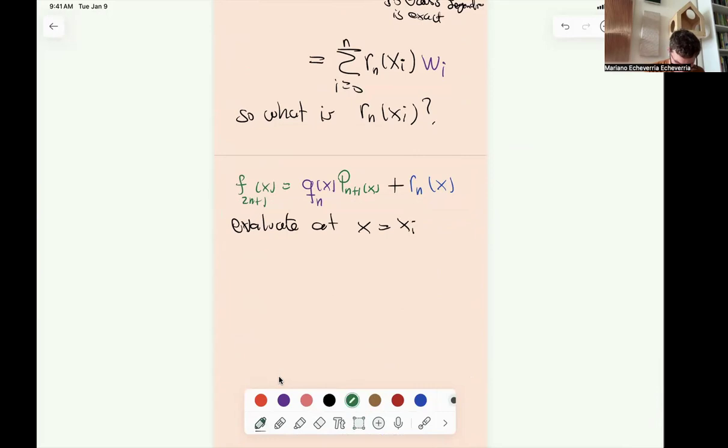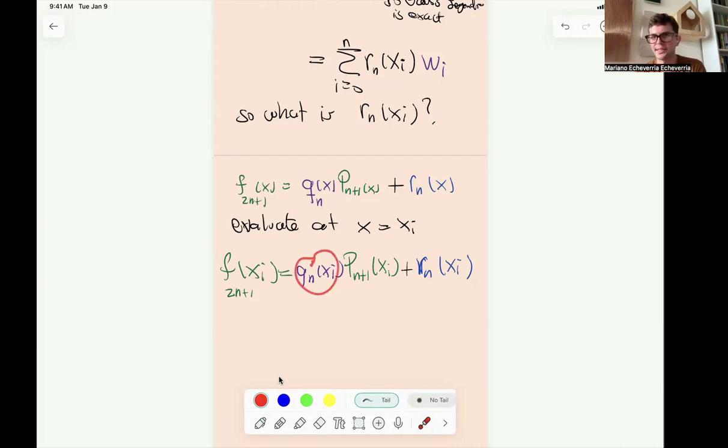So you get that f of x_i equals q_n of x_i times the degree n plus 1 Legendre polynomial evaluated at x_i, plus r_n of x_i.